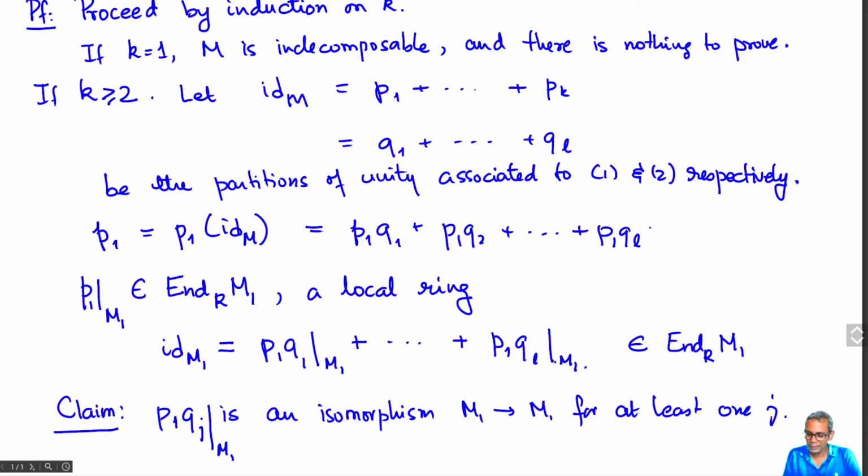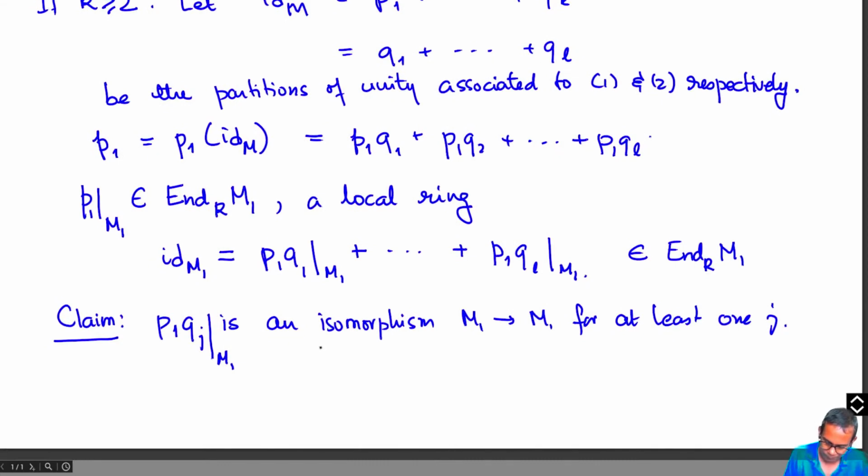So if none of these summands were isomorphisms, then by the theorem that we proved in the last lecture, they would all be nilpotent, and their sum also would be nilpotent because all these nilpotent elements form a two-sided ideal. But then the sum is the identity, which is clearly not nilpotent, so it's a contradiction. So P1QJ must be an isomorphism for at least one J.